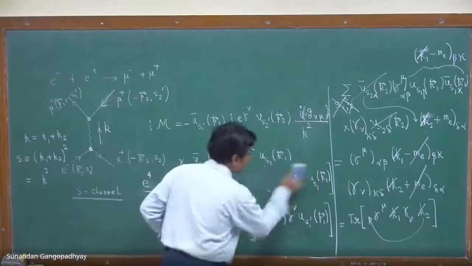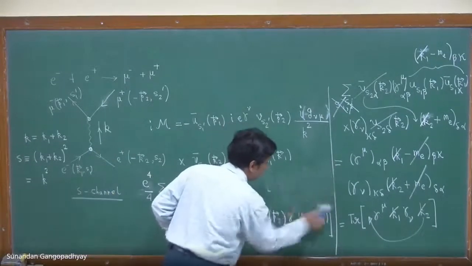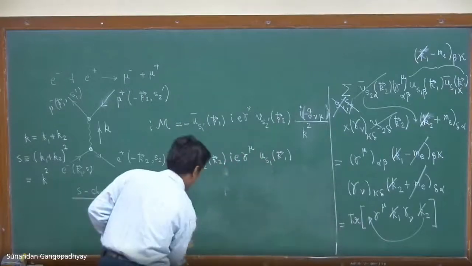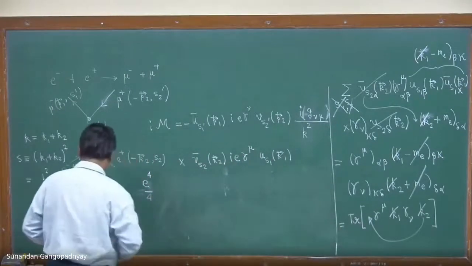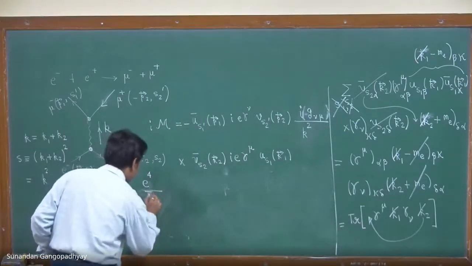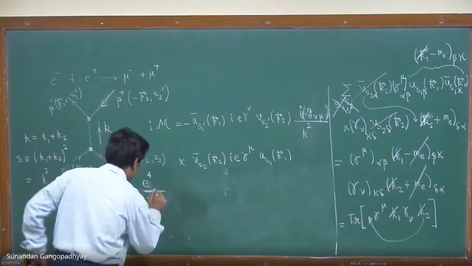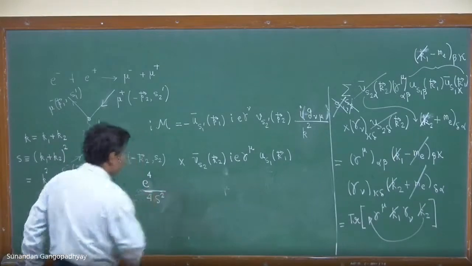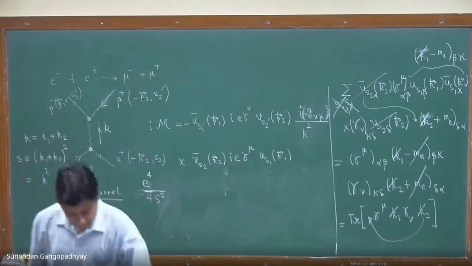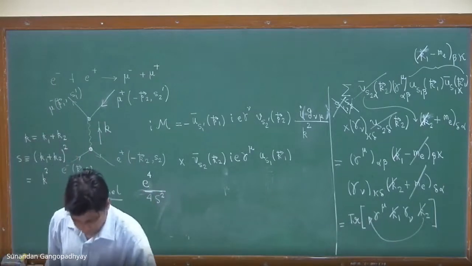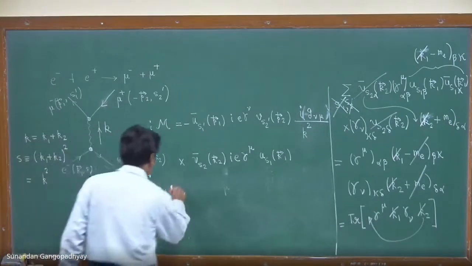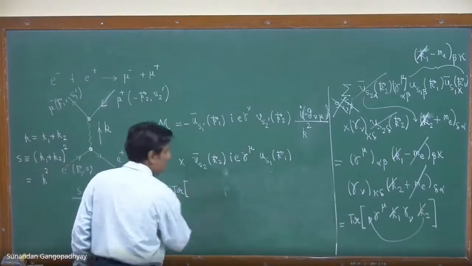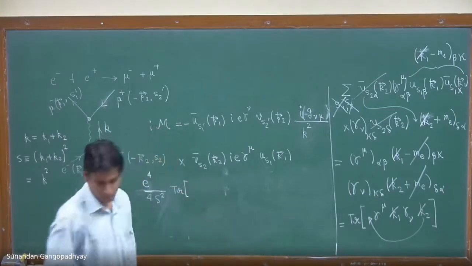We have carried out the sum. Therefore, the expression that we get is e to the power of 4 by 4 s square, and then it is the product of two traces. The traces are of these matrices.